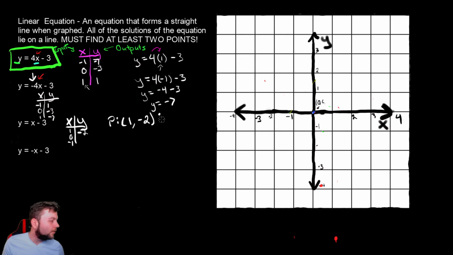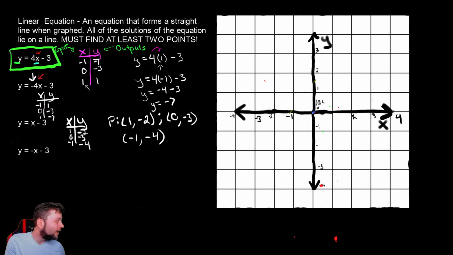And our second ordered pair, so when you plug in 0, you get 0 minus 3, so we get -3. Our second ordered pair is 0, -3. And then our last one, -1. So -1 minus 3, you're getting more negative. -4. -1 minus 3 is -4. So our last point is -1, -4.